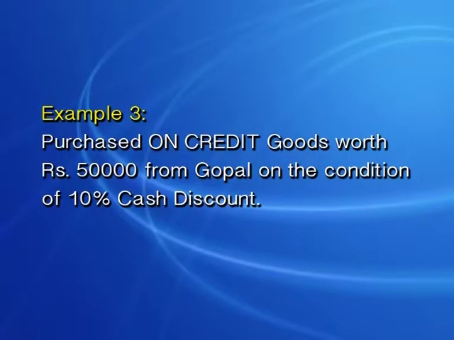Let us say the firm purchased on credit goods worth rupees 50,000 from Gopal on the condition of 10% cash discount. We have understood that cash discount is recorded at the time of making or receiving payment, as it is clearly informed in the transaction that the purchase is for credit.